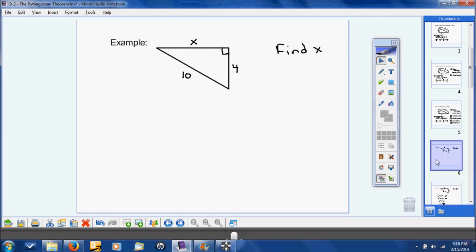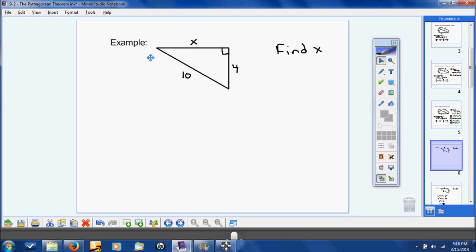Alright, so let's get one of these. Write down this problem. If you have a right triangle, we want to solve for x. In this example, we have a right triangle, 4 and x are the legs, and 10 is the hypotenuse.